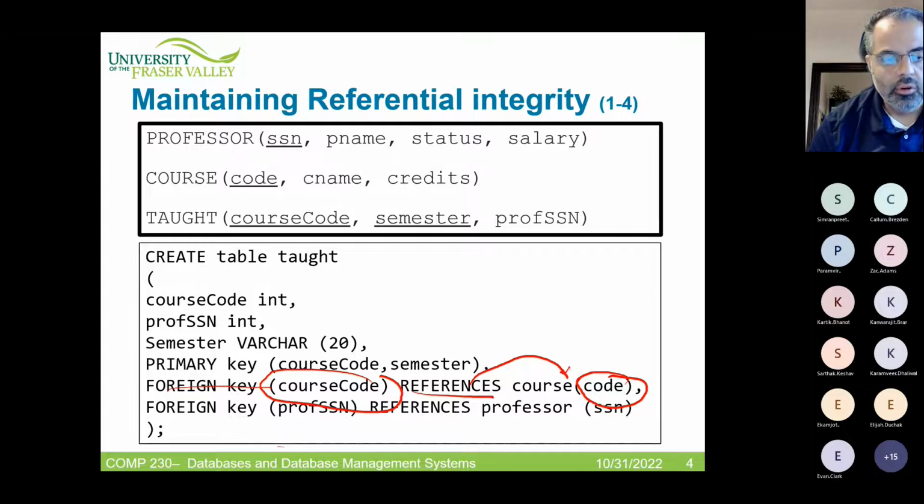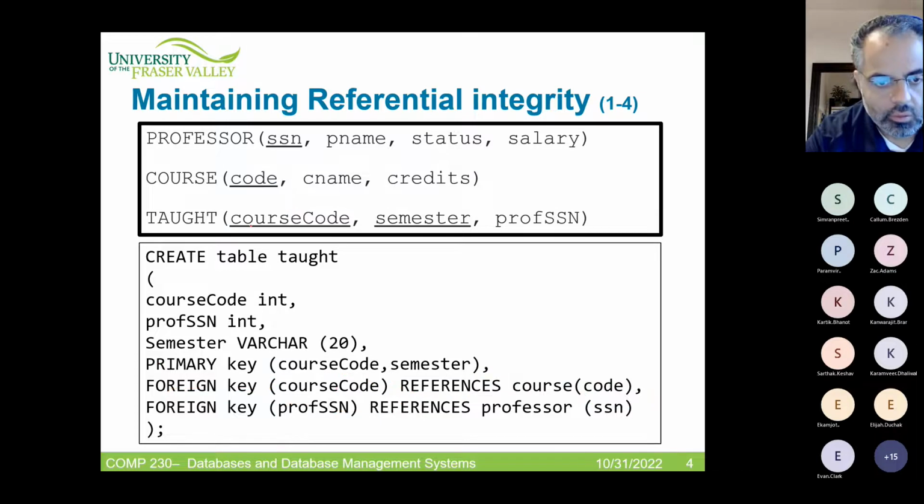For example, now we talk about the table taught. And we have a course code, a foreign key from the table course. As we can see here, this is the course code, a foreign key.